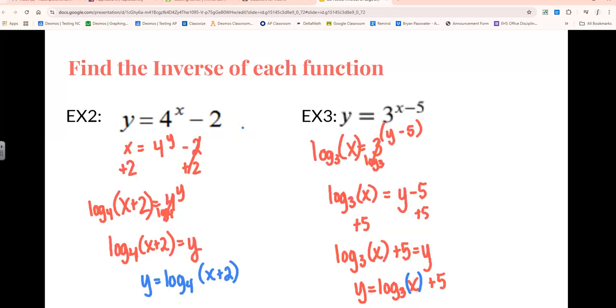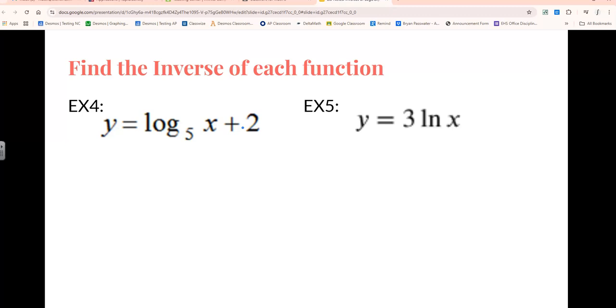All right, moving on, let's do some that have logs involved. Okay, so same thing, switch x and y's. So x equals log base 5 of y plus 2. And like I was just saying, if there are no parentheses with your log, it is assumed that the only thing that goes with that log is just whatever's right behind the log.